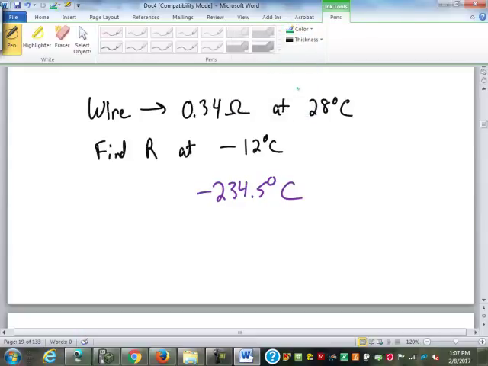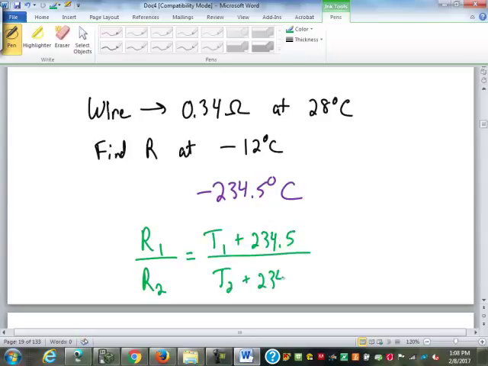Every degree above that, the resistance increases. So in order to gauge the resistance, we actually have to go by how many degrees it is above negative 234.5. So the relationship here, R1 to R2, is equal to temperature 1 plus 234.5 compared to temperature 2 plus 234.5.